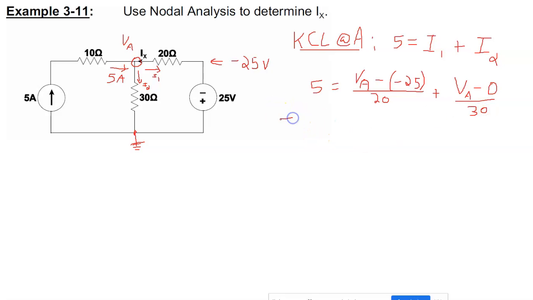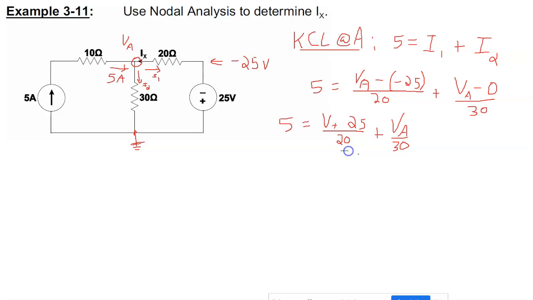So we've got 5 equals VA plus 25 over 20 plus VA over 30.